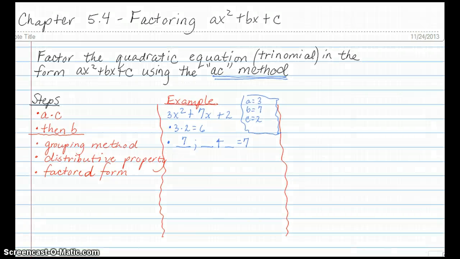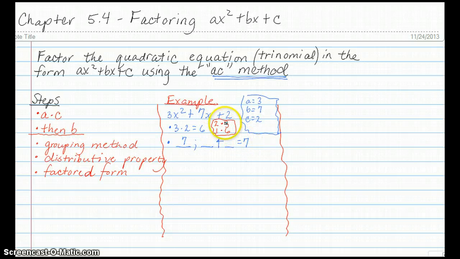And the factors of 6, you have a couple of choices. They're going to be either 2 times 3, or they're going to be 1 times 6. Now you have to choose from those 2 pairs of factors, and sometimes there's more than 2 pairs. Sometimes there's less, there might only be 1 pair. But you have to choose which of those pairs, when added together, will give you 7.